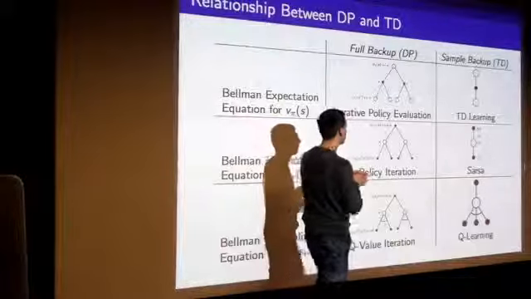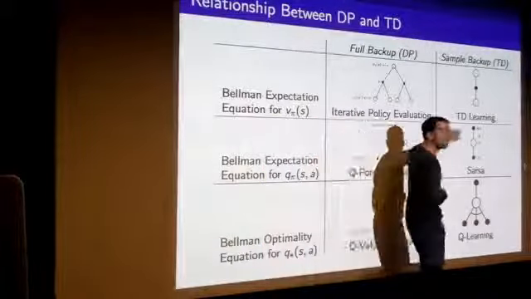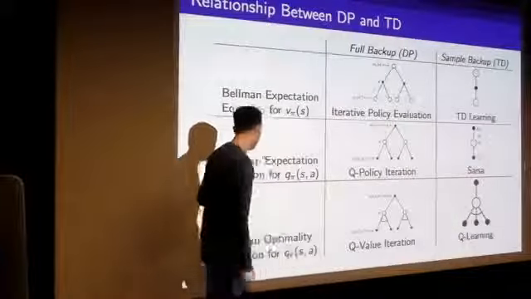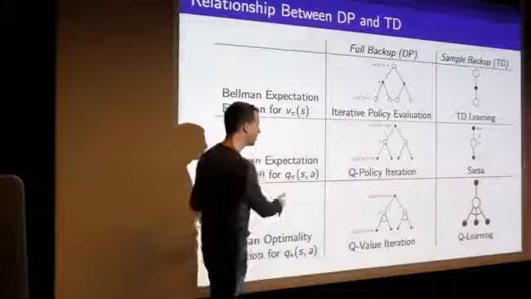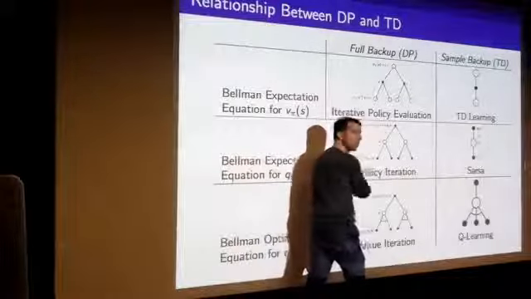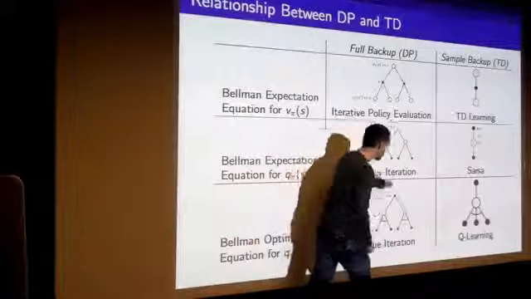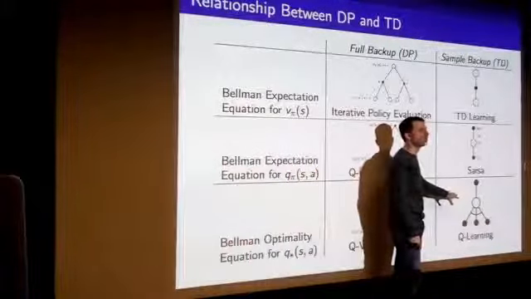So we can either do that using a policy iteration framework for dynamic programming, or that gave us the SARSA algorithm. And then finally, we can use the Bellman optimality equation for Q star. When you use the Bellman optimality equation, you can either plug that into value iteration, which is the dynamic programming method, or you can just sample your expectations to give you the Q-learning algorithm.